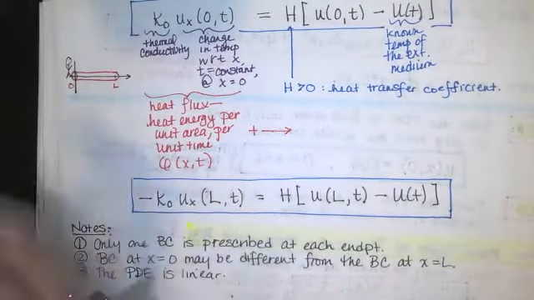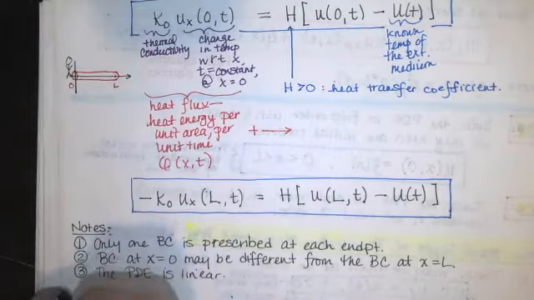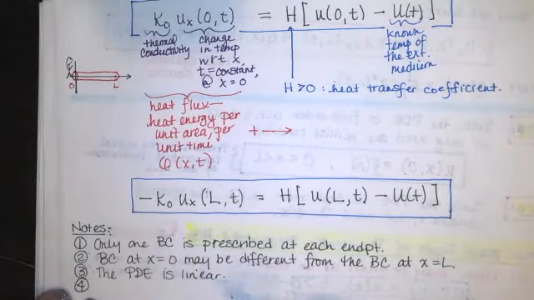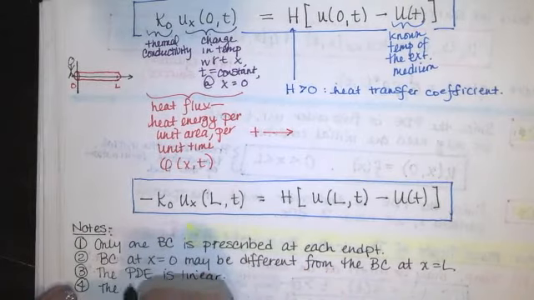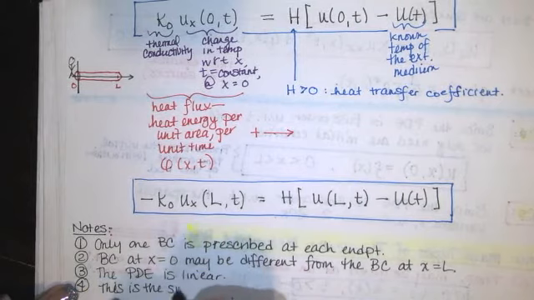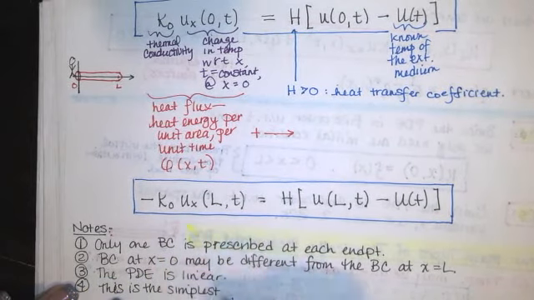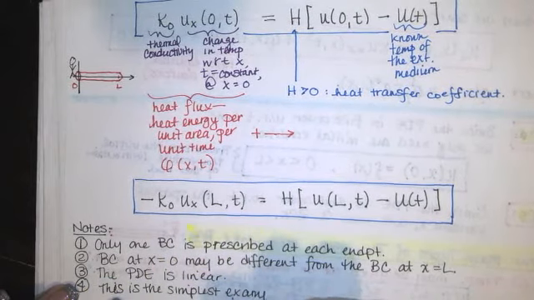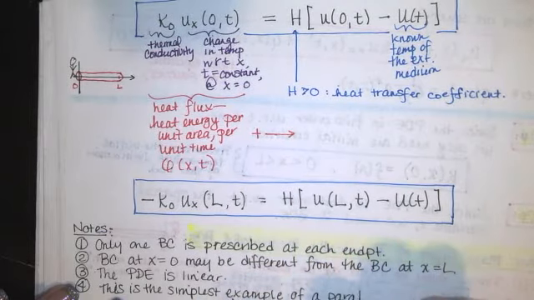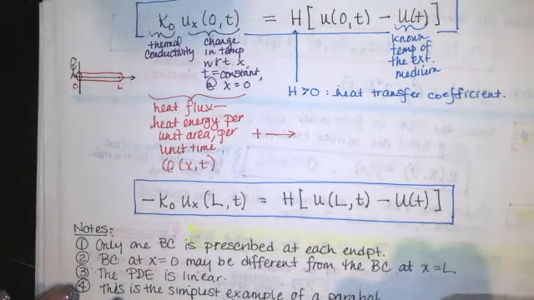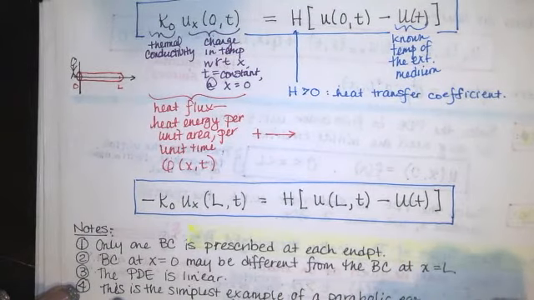Finally, this is the simplest example of what's called a parabolic equation. And that is an entire class of second order linear partial differential equations.